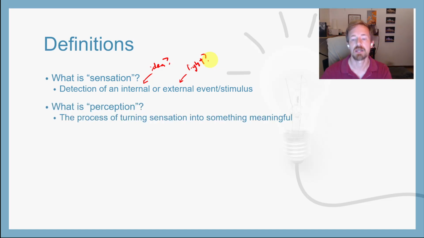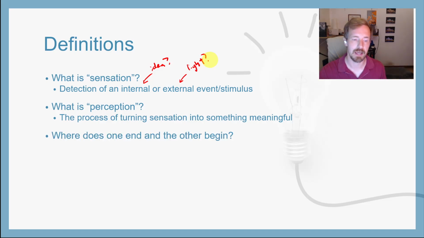Perception, on the other hand, is going to be turning that sensation into something that our brain can comprehend. So kind of the process in which you're taking light and seeing it. Oh, I'm already falling into the trap. What do we mean by seeing? Does that mean that seeing is a sensation and not a perception?